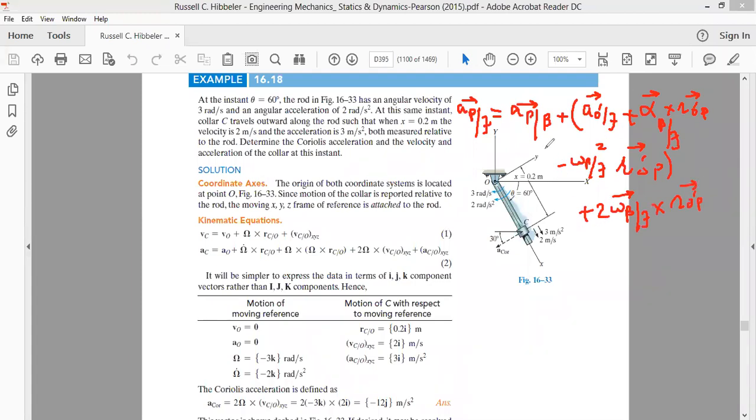If you look at the number of terms, we have one term, two terms, three terms, this is the fourth term and this is the fifth term. We have five terms of acceleration in this.